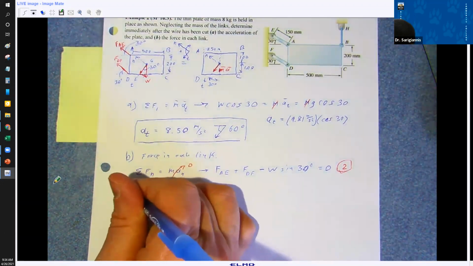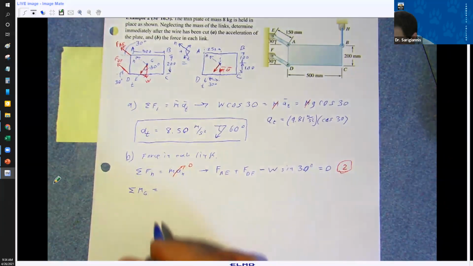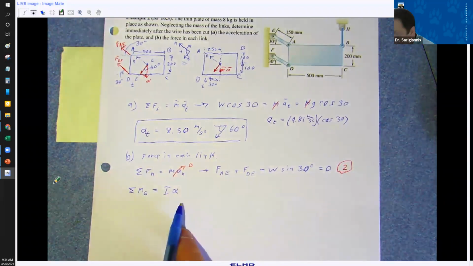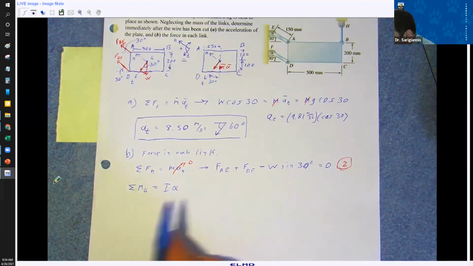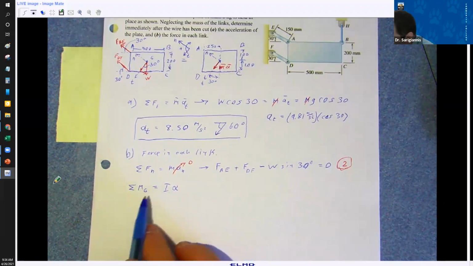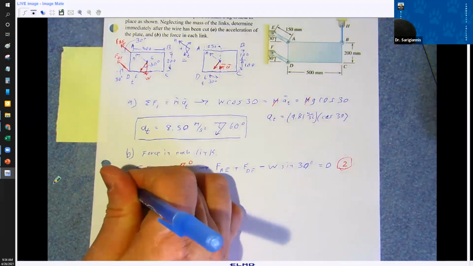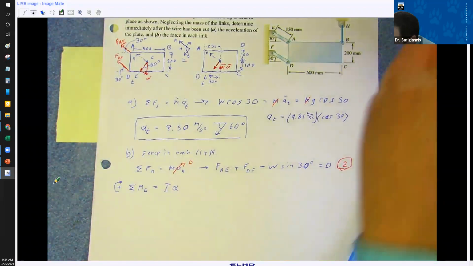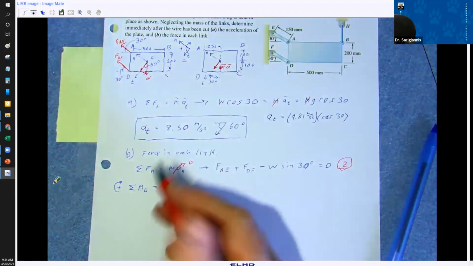Next, I want to look at the sum of the moments about G equals I alpha. So again, alpha is angular acceleration about the centroid, right? And I chose this direction as positive. So just so you know, our directions are a little different than normal. There's no angular acceleration. This plate is not rotating about its center of gravity.